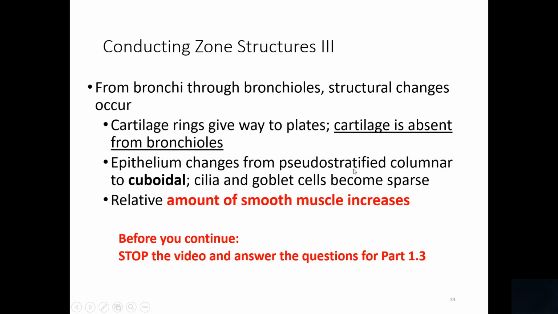Epithelium changes from pseudostratified columnar to cuboidal, and there will be less and less cilia and goblet cells in small bronchi and bronchioles. And amount of smooth muscle is higher in small bronchi and bronchioles. So bronchioles have more muscle and no cartilage rings to keep them open. That's why people who have asthma, during asthma attack, smooth muscles inside of their bronchioles walls contract, and that's what asthma attack is about.